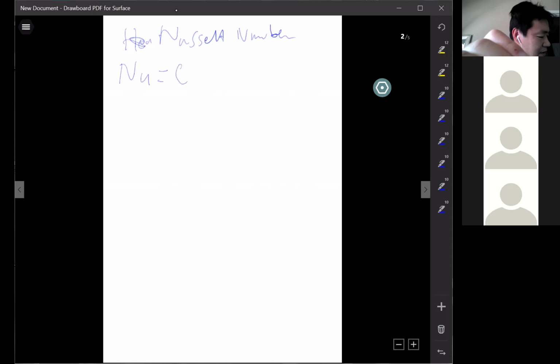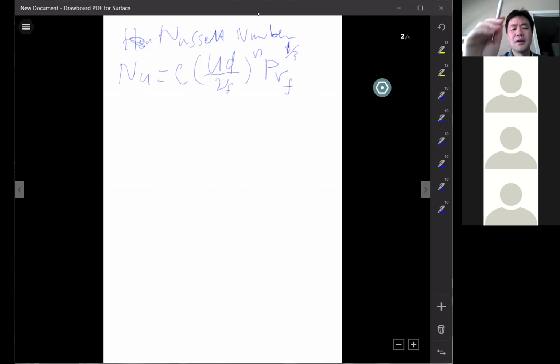There's a coefficient, then velocity times diameter divided by the viscosity of the fluid, and I think this viscosity is at the film temperature, to the power of n, times the Prandtl number at the film temperature to the power of 1/3. For external flow, the isothermal and iso heat flux cases are almost identical.